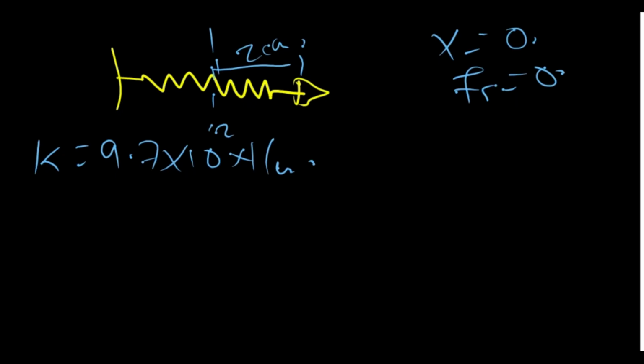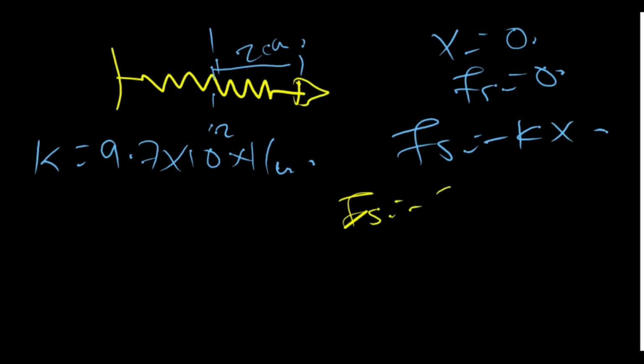The resultant force is equal to negative kx. So we plug in the values: negative 9.7 times 10 raised to the power 2 times the displacement. The displacement is 2 centimeters, but you're supposed to convert it into meters, so we divide by 100. Dividing 2 by 100, we get 0.02.